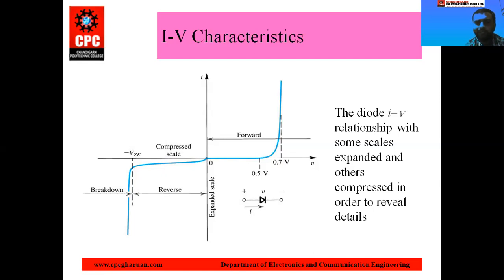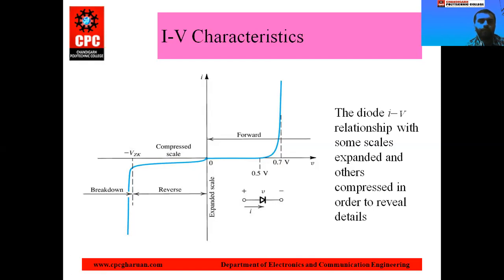This is your VI characteristic of PN junction diode. This is the most important question of basic electronics, or analog electronics, because one question always comes from PN junction diode. The full chapter totally depends upon this topic. With the help of PN junction diode, devices are made such as rectifiers, filters, clippers, and clampers.